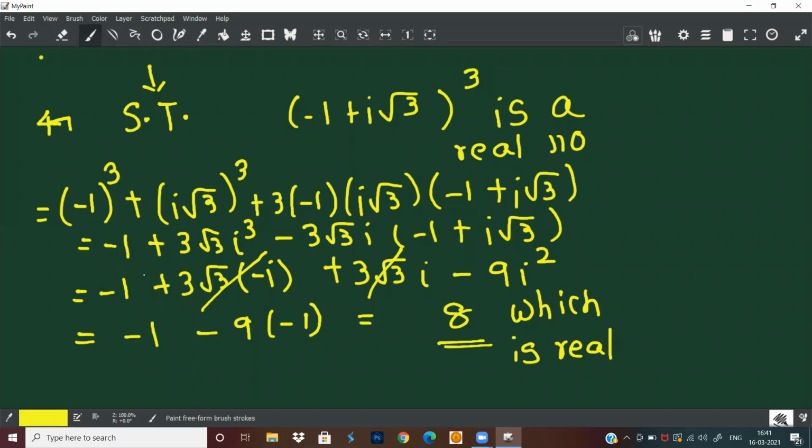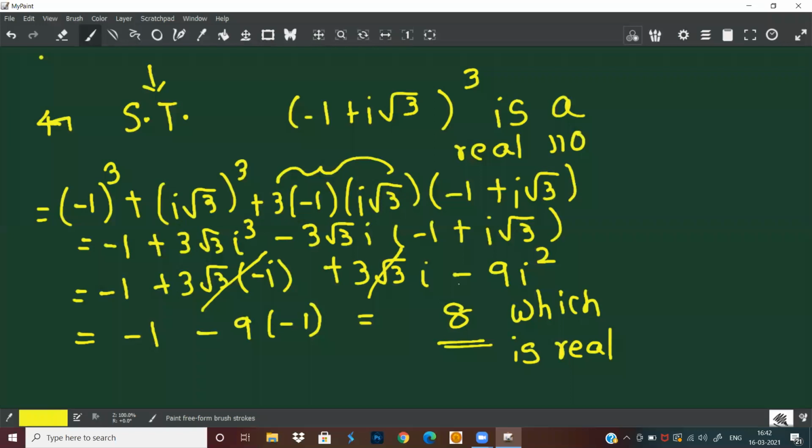So इसका क्यूब है -1, इसका क्यूब है I का क्यूब एंड √3 का क्यूब is 3√3. Then ये तीनों का मल्टीप्लिकेशन है प्लस इंटू माइनस करके -3√3i इंटू ये ब्रैकेट जैसे कि वैसा. I cube is -i. So first two terms are over. Now ये into ये is minus plus 3√3i.